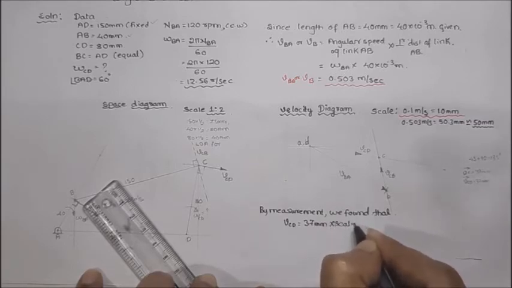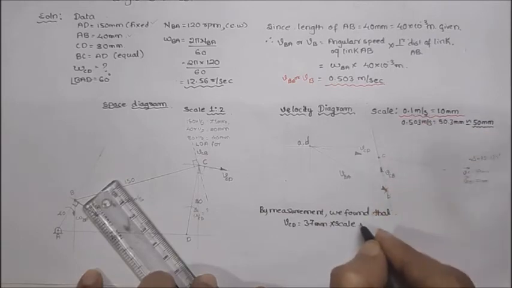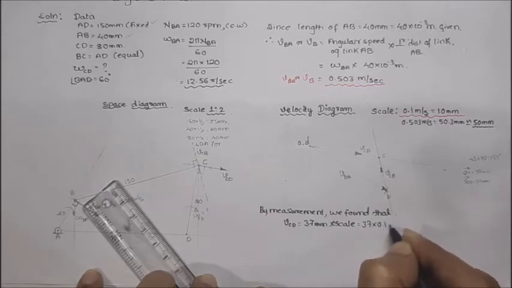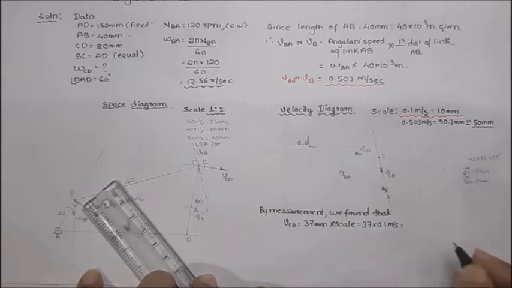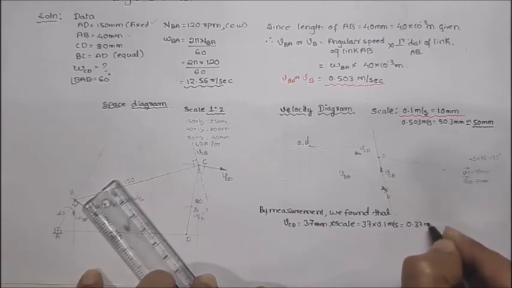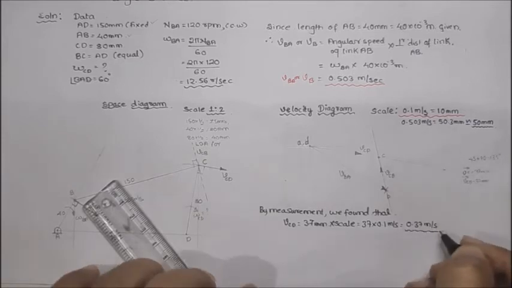So I told you why we are going to use a scale. What scale? So scale here is this one, that is 37 multiplied by 0.1 meter per second, not 10, so 0.1 meter per second. So it will be 0.37 meter per second. So we got this answer, 0.37 meter per second.